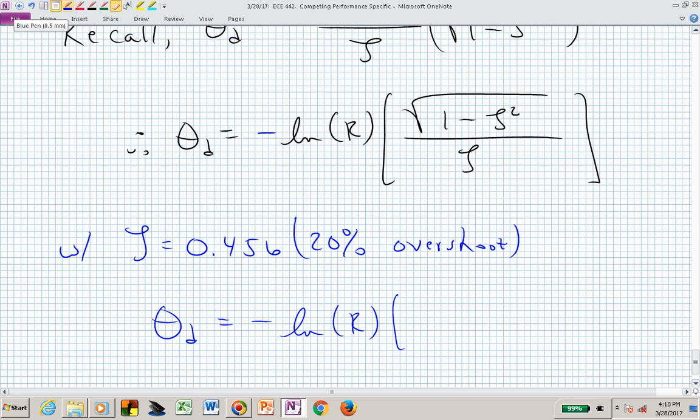We calculate that bracketed piece with a zeta value of 0.456, and that becomes equal to 1.952.